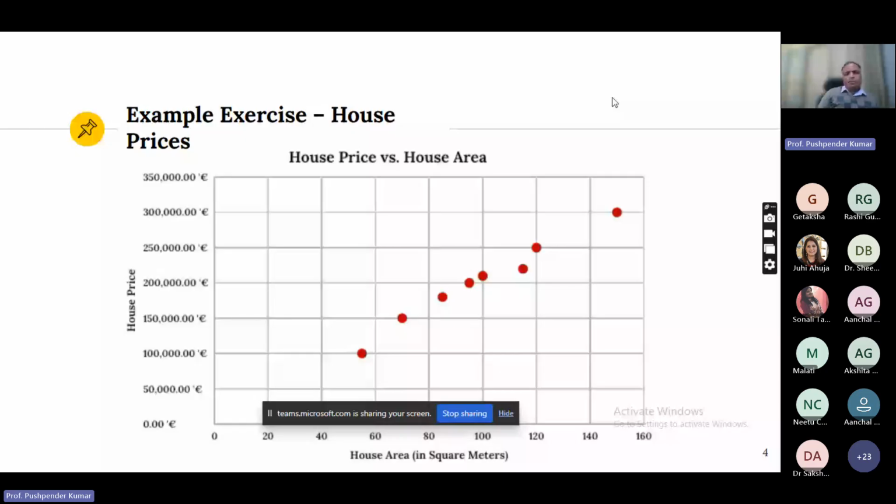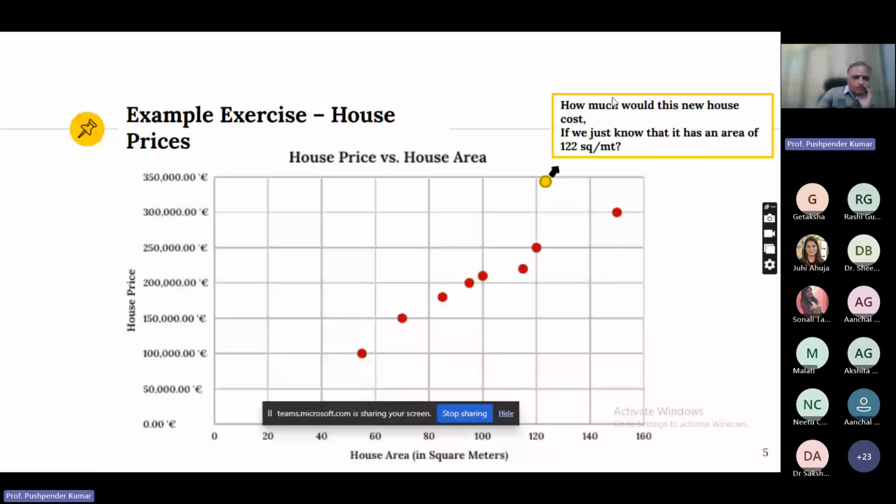Now the problem here is, can I predict at 170 house area, what would be the price? Accurately, can I predict what would be the price of a house if house area is 180 or 125, 85? So we can use this regression to find out this kind of relationship or impact.